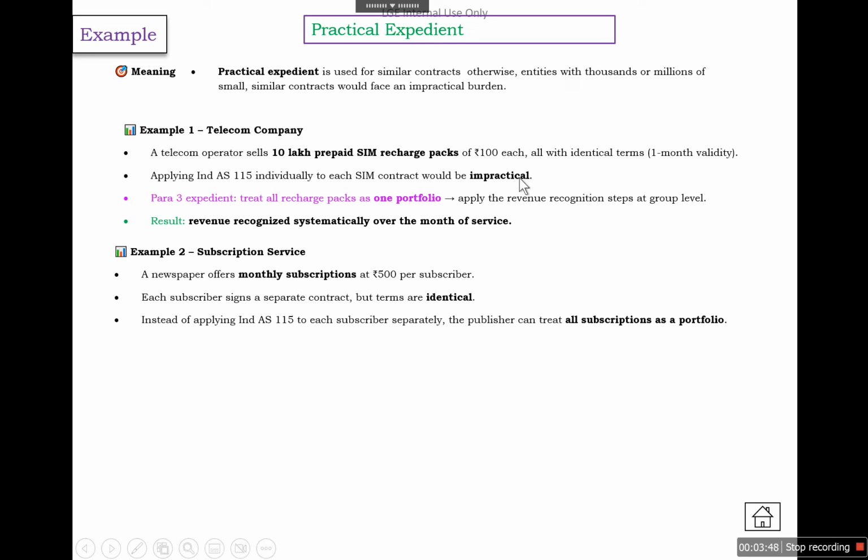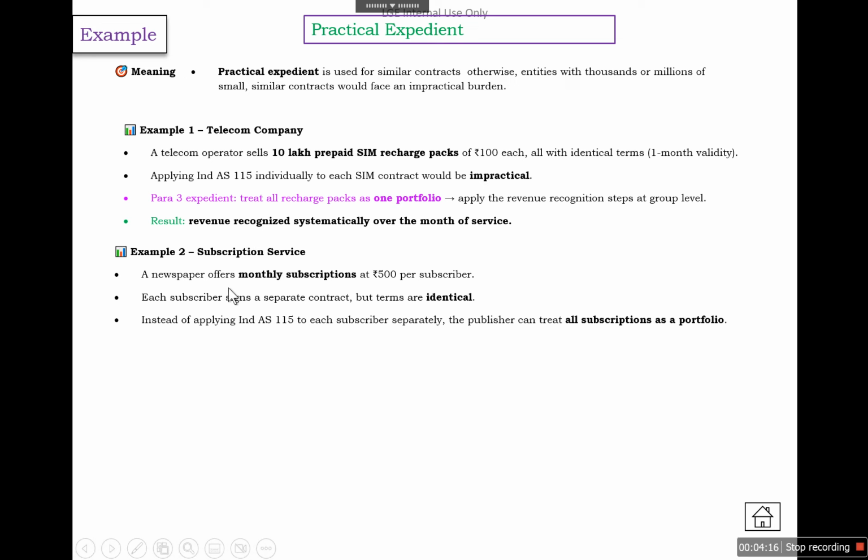It will be impractical in this case to apply Ind AS 115 and review each and every contract with the customers, and it will not give any different result also. So we need to use the practical expedient and should treat all the recharge packs as one portfolio. And revenue should be recognized systematically over the month of service.